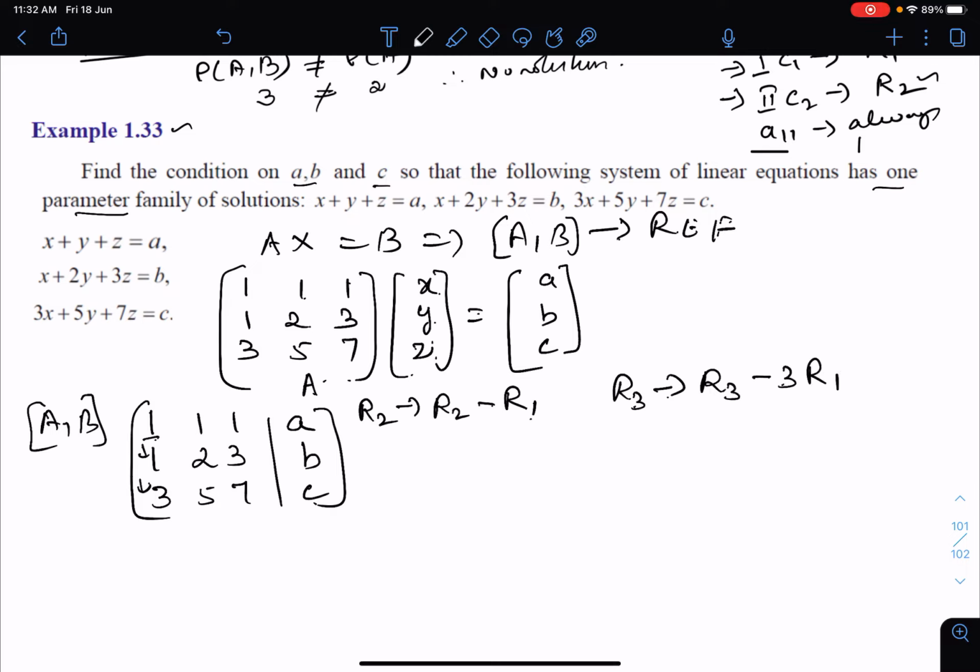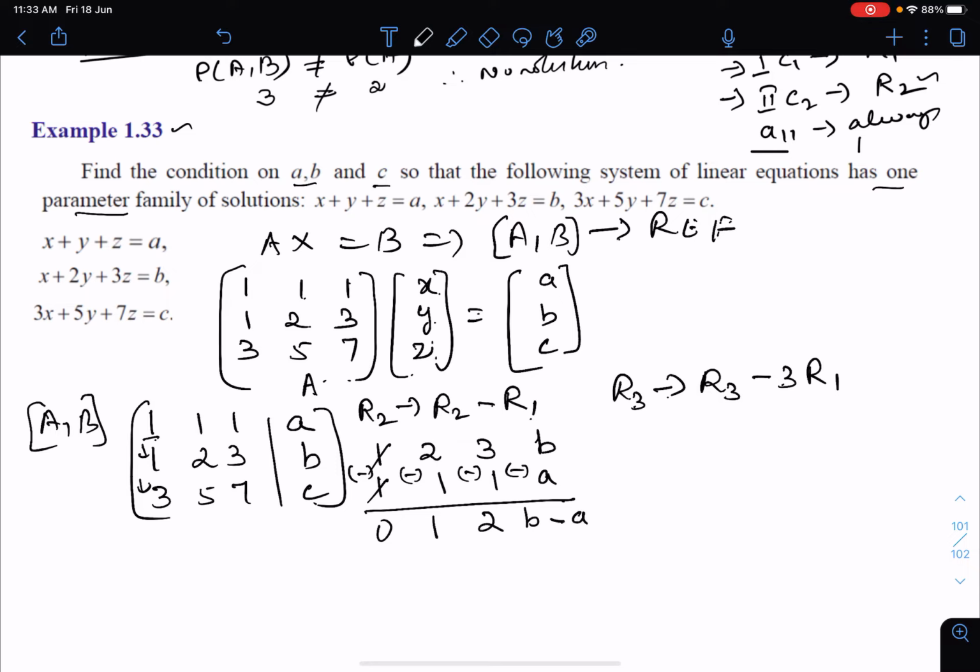Now our second row is 1 2 3 and B, first row is 1 1 1 and A. Change the sign throughout. All are plus, so all will become minus. So we get 0, 2 minus 1 is 1, 3 minus 1 is 2, and here you get B minus A. Now coming to row 3: 3 5 7 and C. What is our 3 R1? 3 3 3 and 3A.